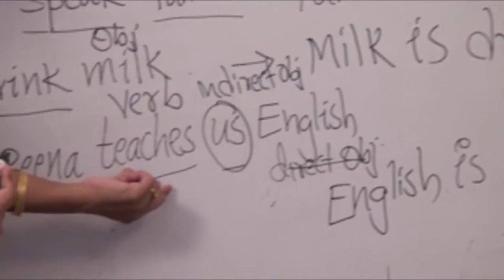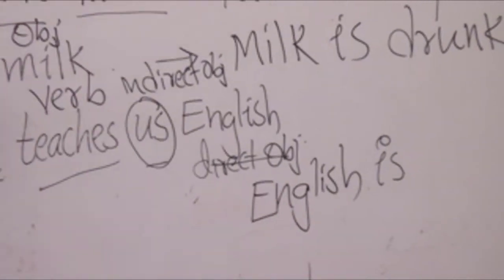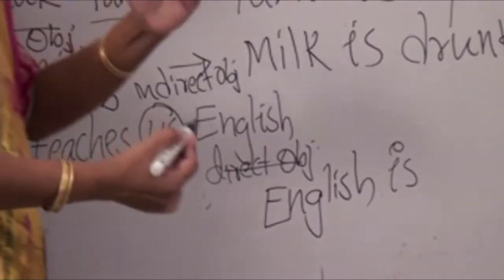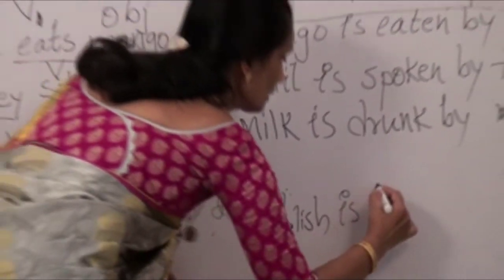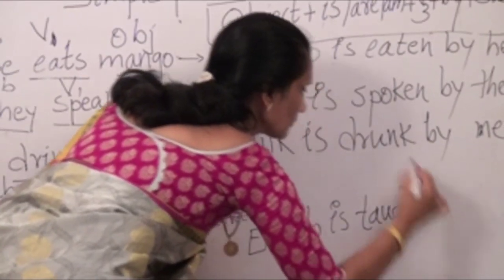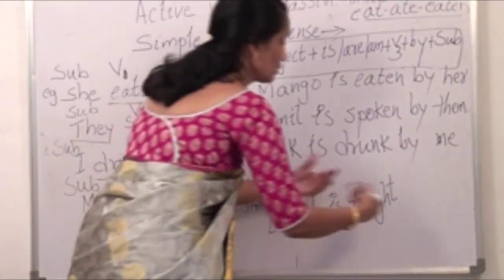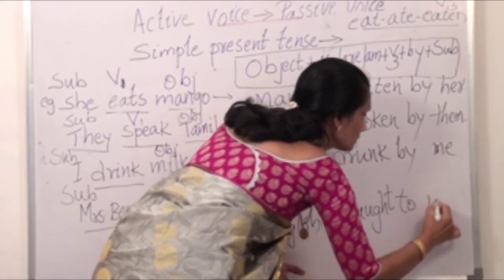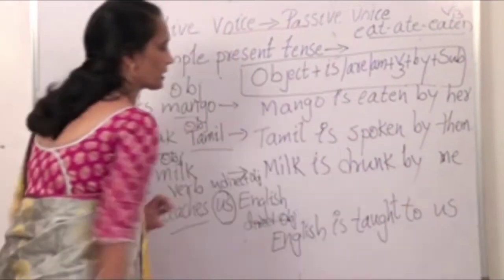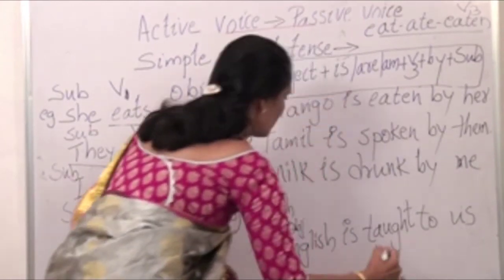The verb is teaches; teach, taught, taught. The V3 form of teach is taught. English is taught. To whom? To us. English is taught to us. Now the two objects have come. By whom? By Mrs. Beena.